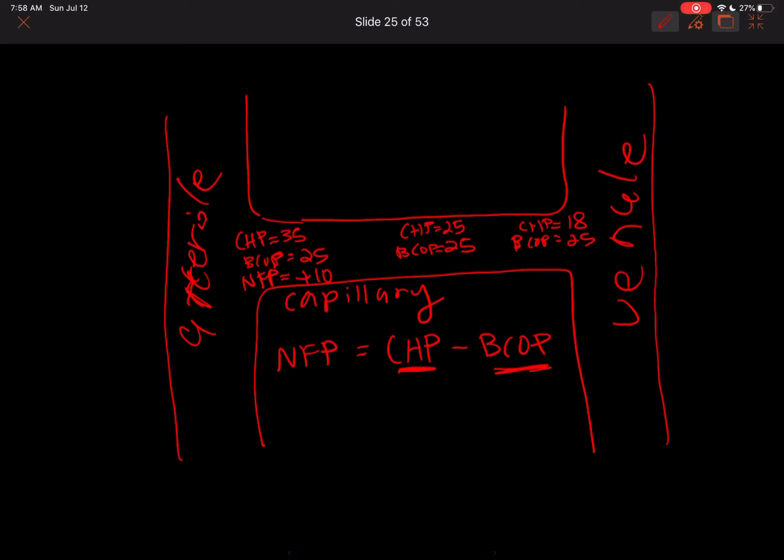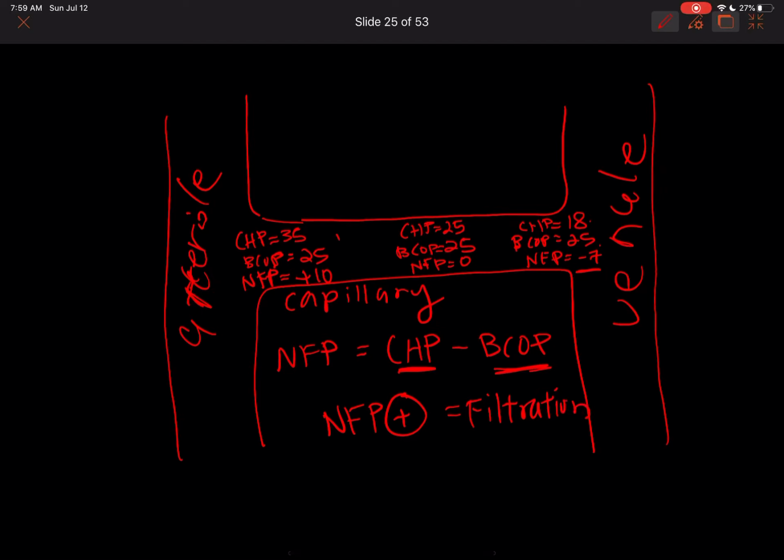Somewhere around the middle, if you take 25 minus 25, you get 0. And then down at the venous end, your NFP will be negative 7, because 18 minus 25 equals negative 7. And we said when NFP is positive, it is filtration.